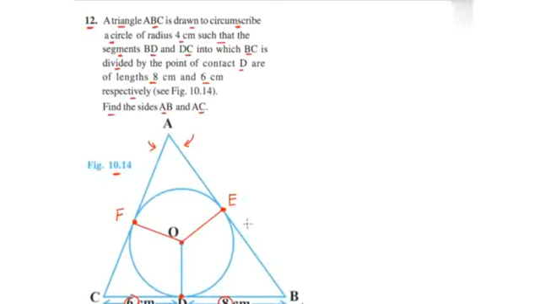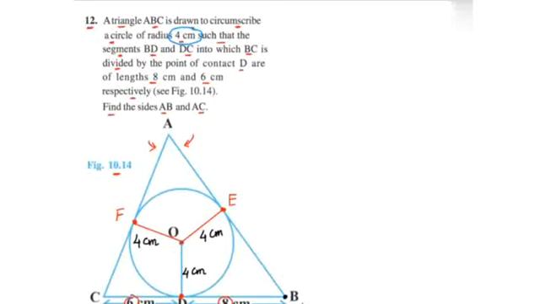Well, OE and OF are also radii of the same circle, and we are given that the radius is 4 centimeters. So OD, OE and OF, all three have the same length: OD is 4 centimeters, OE is 4 centimeters, and OF is also 4 centimeters.